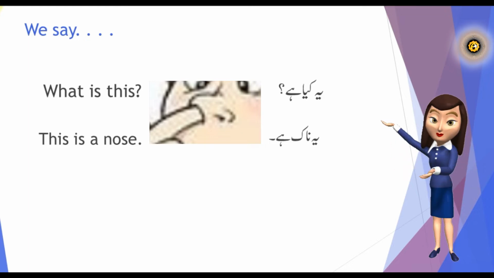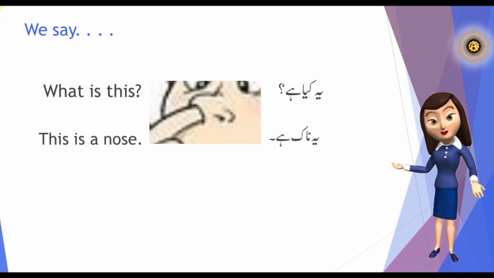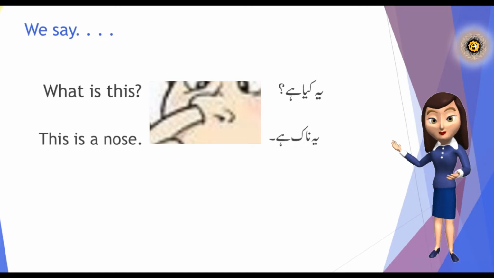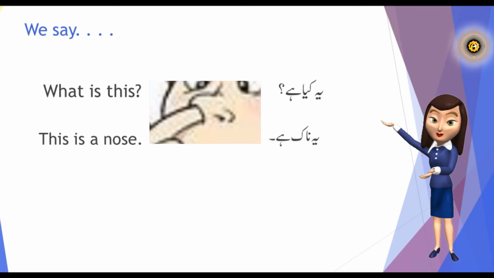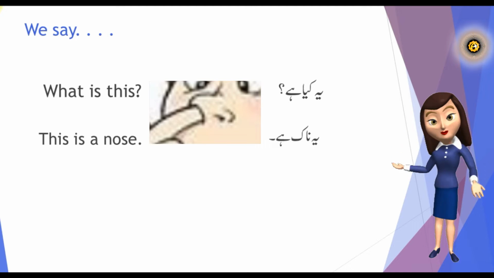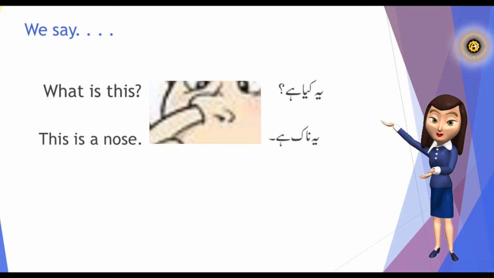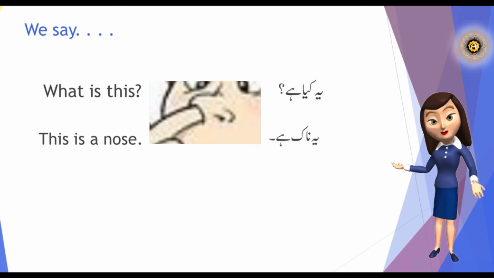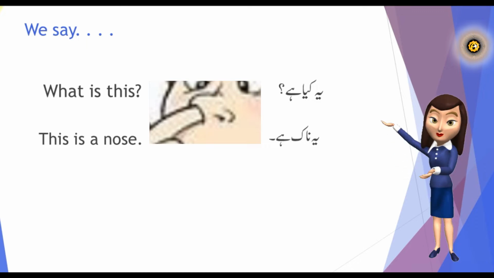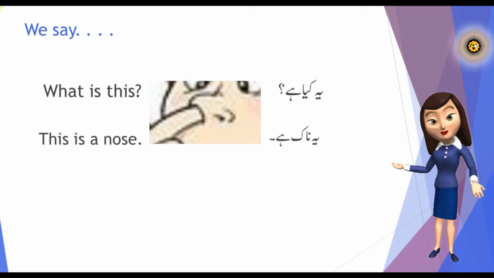Ye naak hai. So remember, it could be anything. If somebody is asking you about something, that what is this, and they are pointing at something, you are going to just simply say, this is, and whatever thing that is, you are going to tell about that thing, this is that thing.